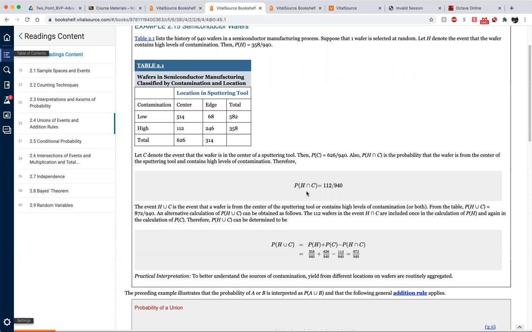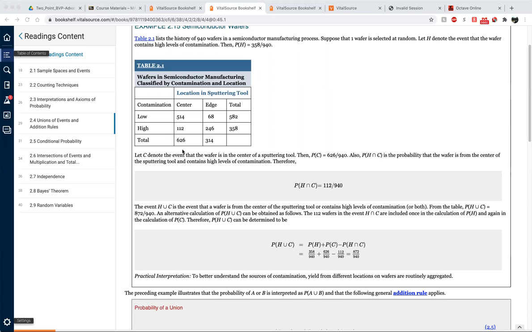Makes sense. Now the event H union C. You may just say, how many wafers have high contamination? 358. And how many wafers are in the center? 626. Then just add them up?